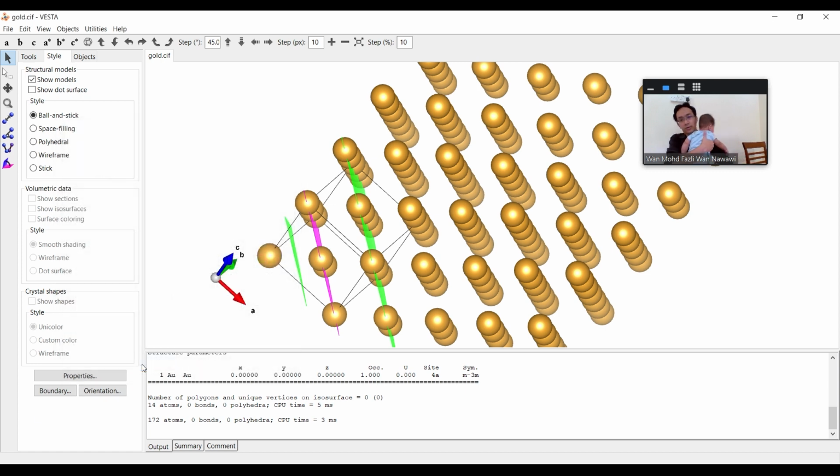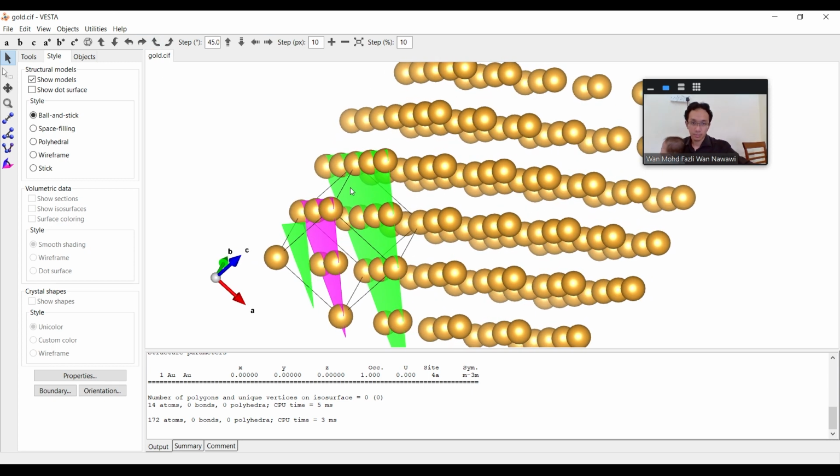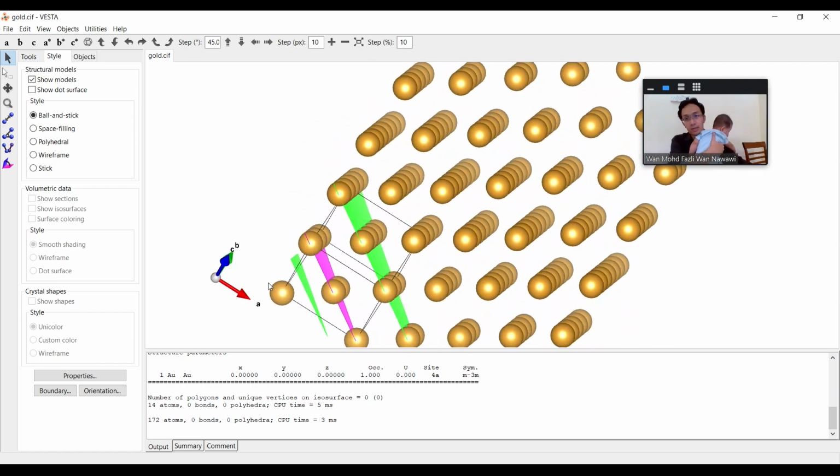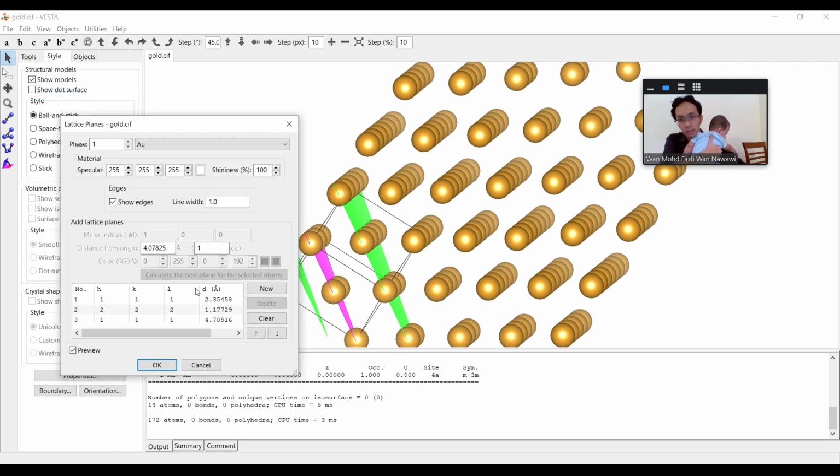Okay, so you can see I got the second plane there. So you get this plane. Okay, let me remove the 2 to 2 at the beginning. Edit lattice plane. Let me remove this.